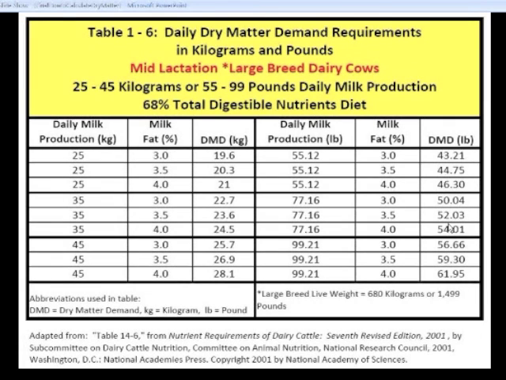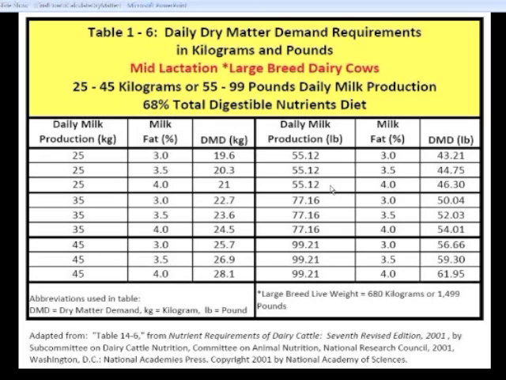Now let's look at one of the other tables on the NOP website. This next table is for Holsteins or any of the other larger breed dairy cows. The larger animals, their dry matter demand is higher, and so they need a separate table. This one's for the large breed cows making between 55 and 99 pounds of milk per day.